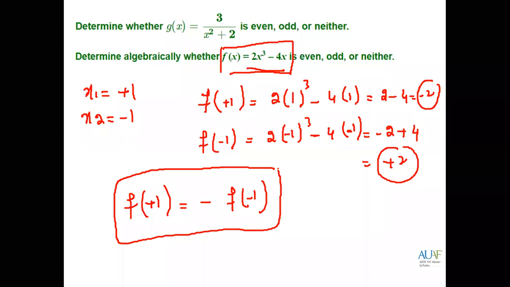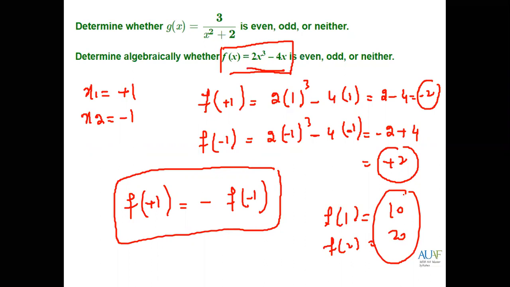If for example you give the same values plus 1 and minus 1, and one gives you a 10 value and the second gives you a 20 value, that one is neither odd nor even. The condition for even is the same result. For odd, the same result with different sign. One is plus 10, second one is minus 10, that is an odd function.